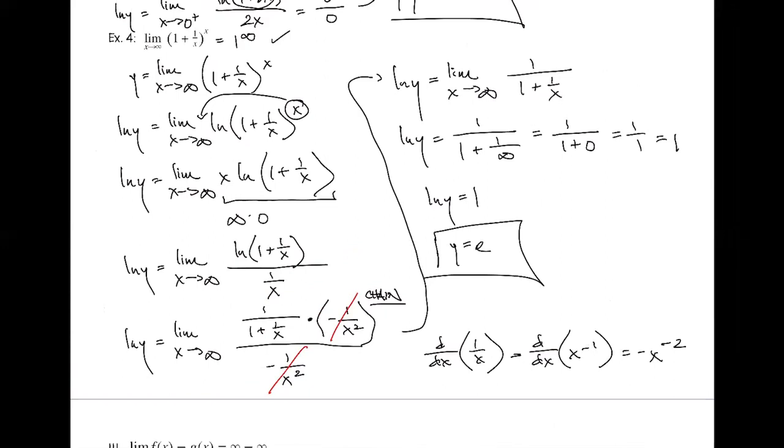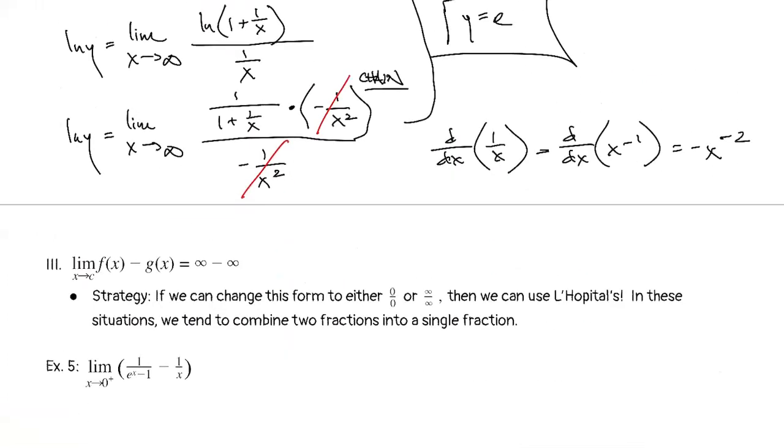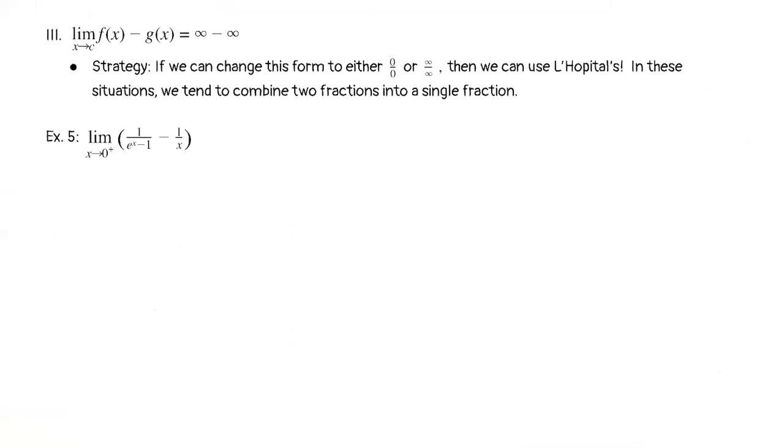All right. So folks, we have one last type of indeterminate form. Sometimes we end up with a situation where you have one function, and you're not adding, multiplying, dividing, or raising it to a power, but you're looking at the difference between the two. So we're going to think about strategies.